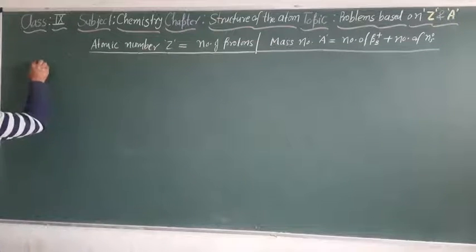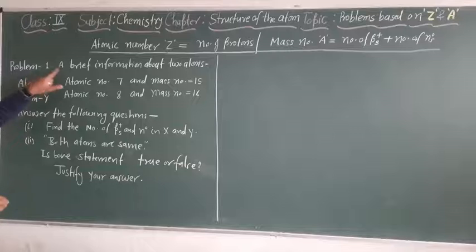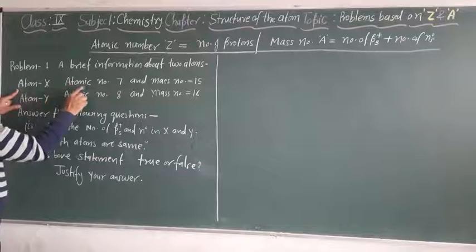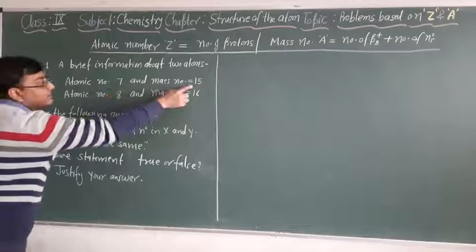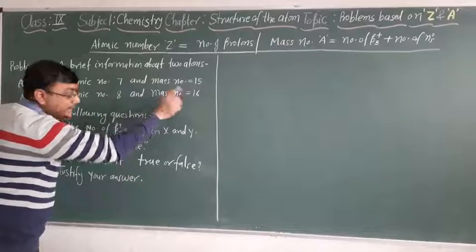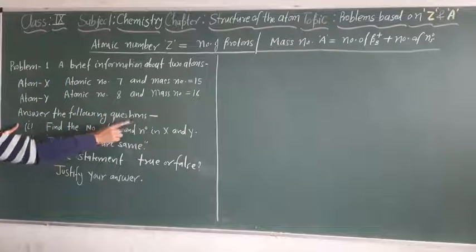The first problem, problem 1. A brief information about two atoms: atom X, atomic number 7 and mass number 15. Atom Y, atomic number 8 and mass number 16. Answer the following questions.